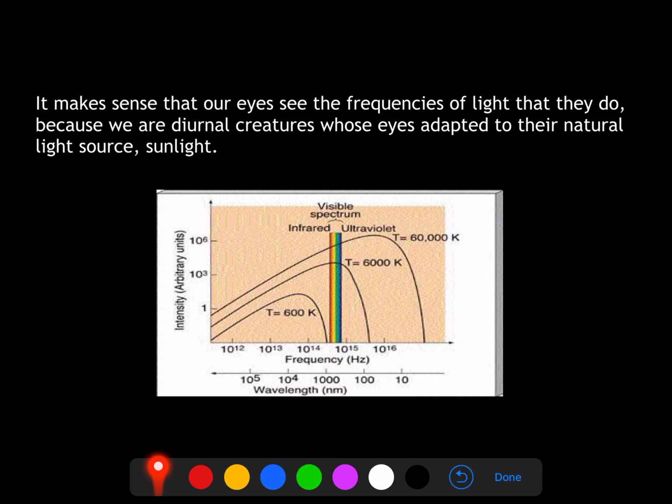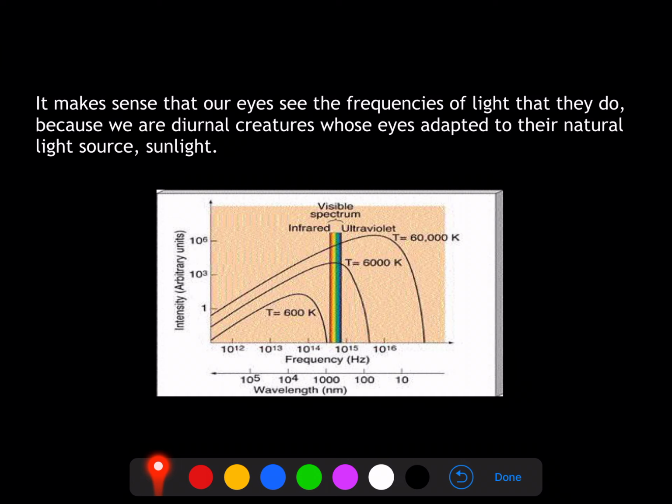So you might wonder, well, why is it that we see just this small little swath in the visible portion of the spectrum? Well, there's two answers to that question. Number one has to do with the fact that the star that we orbit, the sun, gives off light in many bands of frequencies, but if you take a look at how much the intensity is based on the frequency, this plot here shows you different temperature light sources and how much light they give off at different frequencies.